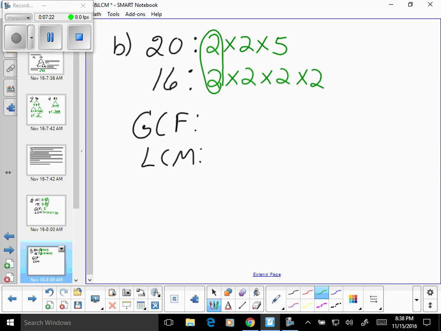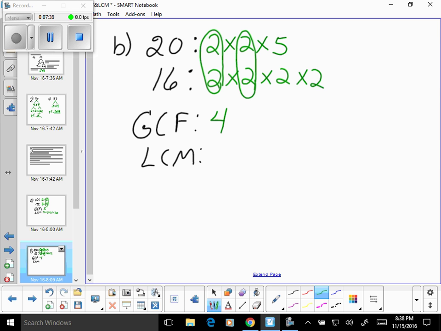That's 1 common factor of 2, and here is another common factor of 2. I take those two 2's and multiply them. My greatest common factor is 4.